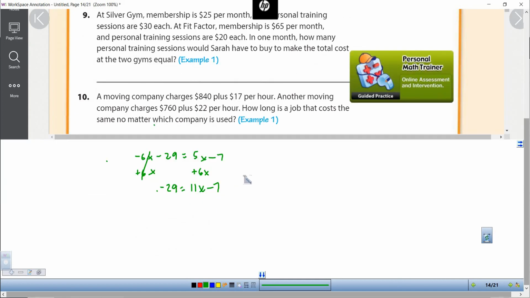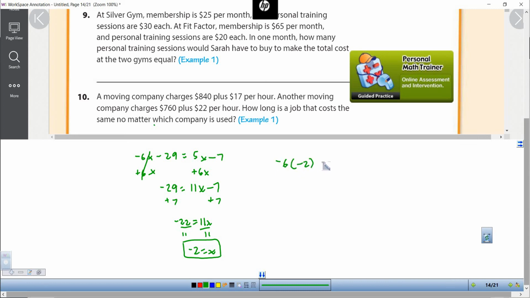Now I have a two-step equation. The opposite operations in the opposite order. Go ahead and add 7 to both sides. Negative 22 is equal to 11x. Divide by 11. Negative 2 is equal to x. Let's check it.